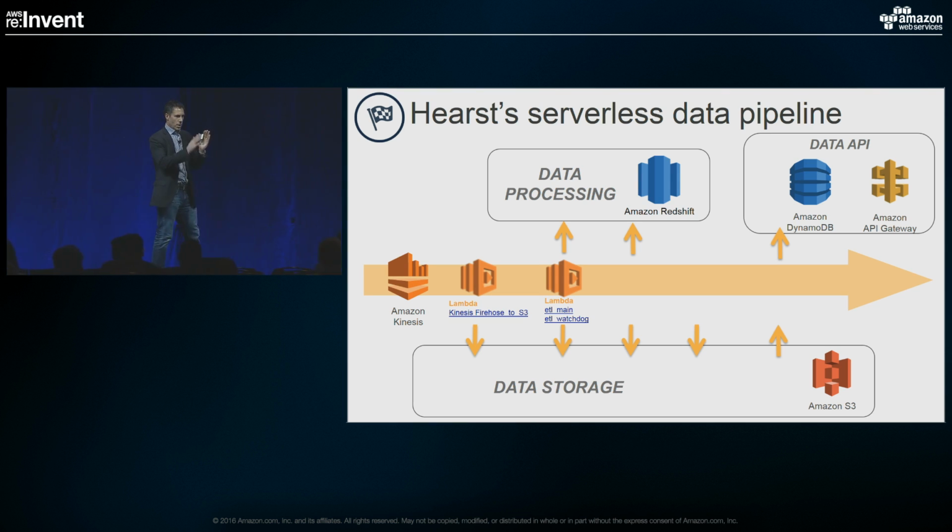When it sees the little file, it triggers the ETL Lambda, and the ETL Lambda has a lovely little watchdog, a sysadmin kind of following it along every day, and it shoves data into Redshift. We have a data science phase that's doing a lot of stuff, heavy lifting and enrichment in Redshift.